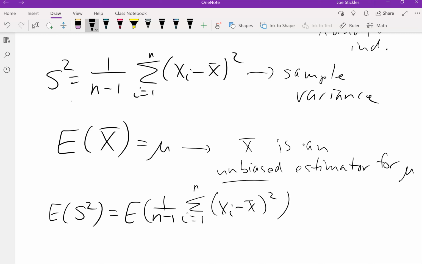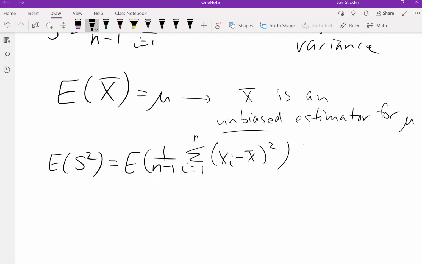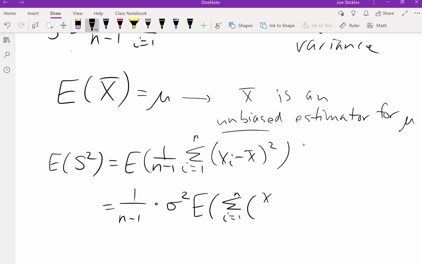All right. Anyway, I want to get this in terms of how I can calculate this expected value. Well, one thing I know that I can do is pull the 1 over n minus 1 out in front. I'm also going to add in the population variance on the outside and then put 1 over the population variance on the inside.